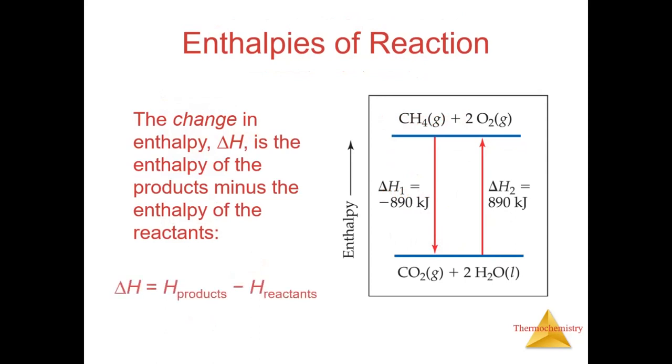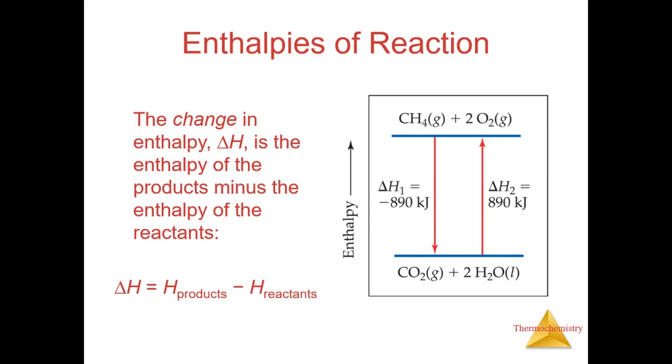Similarly speaking, the change in enthalpy is going to be equal to the change of the product's enthalpies minus the enthalpies of the reactants. So literally speaking, if I have an exothermic reaction, that means my products are at one energy level, my reactants are at another one.